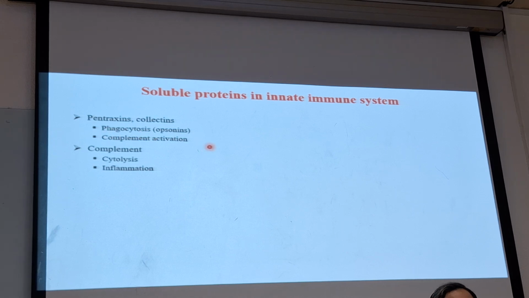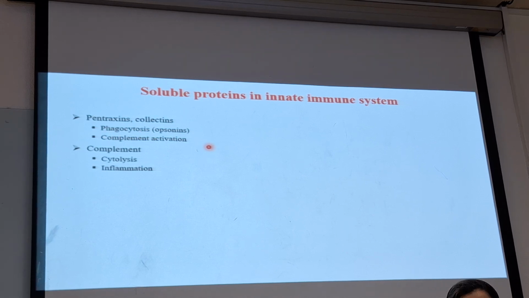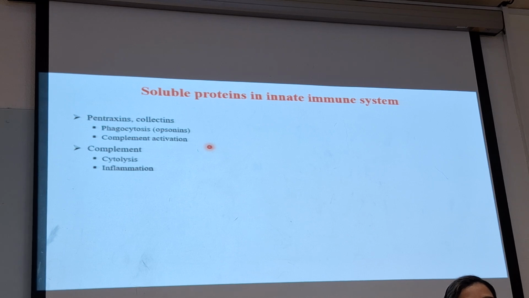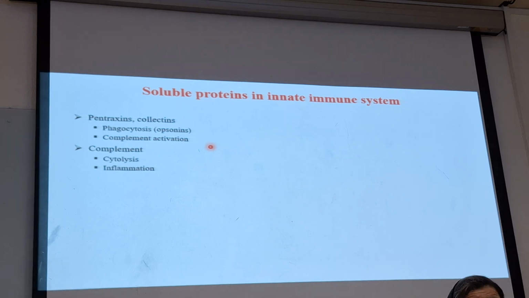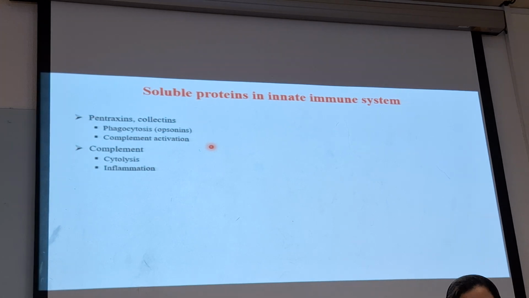In other words, these molecules act as opsonins. You know opsonin? Opsonins act like spices in our immune system: they bind to pathogens and foreign substances and make them delicious for innate immune cells to eat. This is called opsonization.